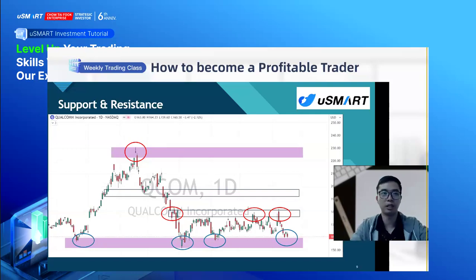We always wait for the market to retrace and then enter. In the uptrend, the market will move up, move down, move up, move down. Then when it moves down, if it forms a support, then we only enter. Remember that. First we look at the market trend. Next we look at the support and resistance. So this is how we plot support and resistance.